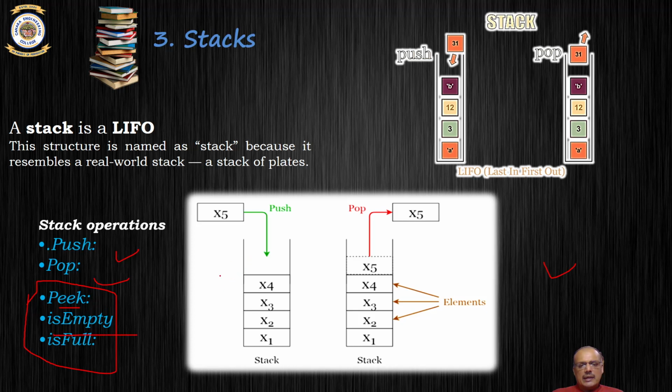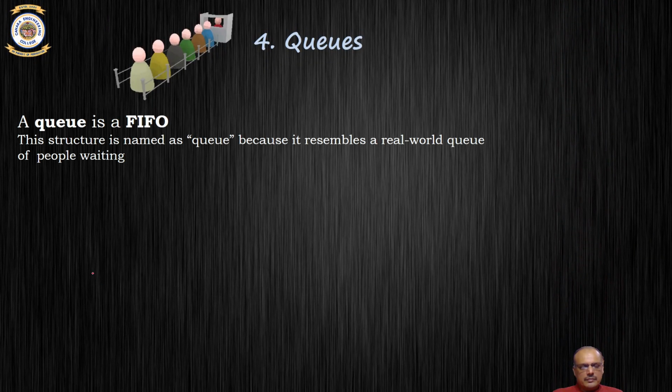Is empty is an operation which tells whether there are elements in the stack or not. Is full tells whether the stack is full: if the stack is full, it gives you a true, or else it gives you a false. So these are the three operations used to find out the status of the stack, whereas push and pop are the operations used to insert and delete elements in the stack.